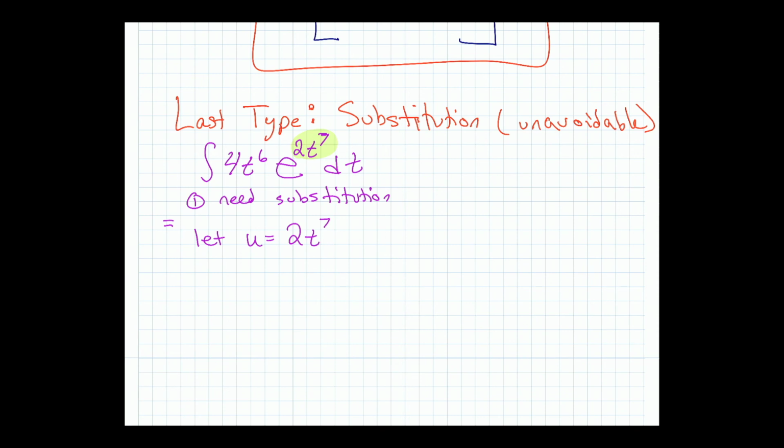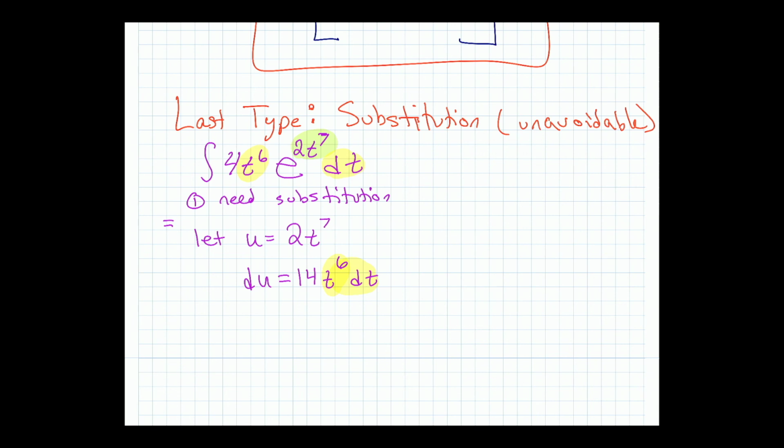Then what do we do next? Take a derivative. I'm not going to write every step. du equals, take the derivative. What's the derivative of 2t to the 7th? 14t to the 6th. And then we have a dt. All right? Now what you should recognize here is that you've got a t to the 6 and a dt, and down here, you've got a t to the 6 and the dt.